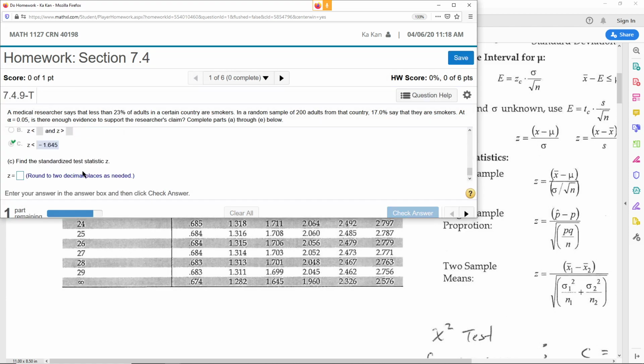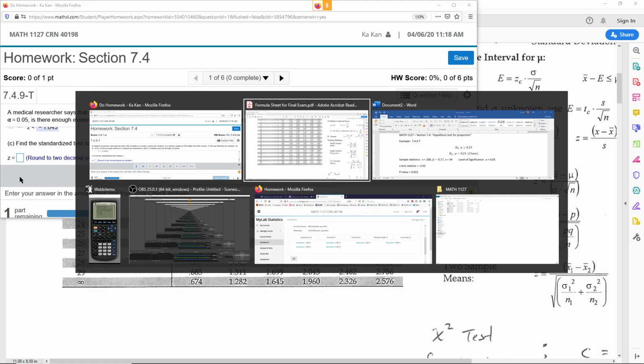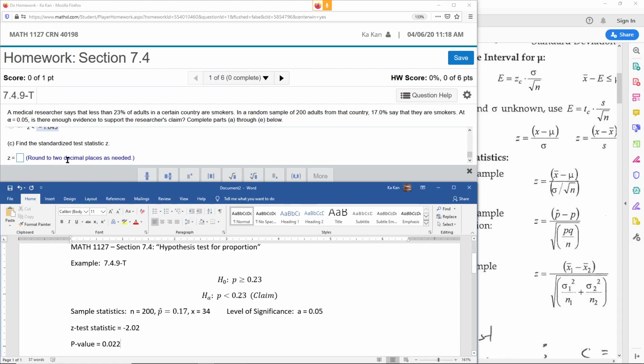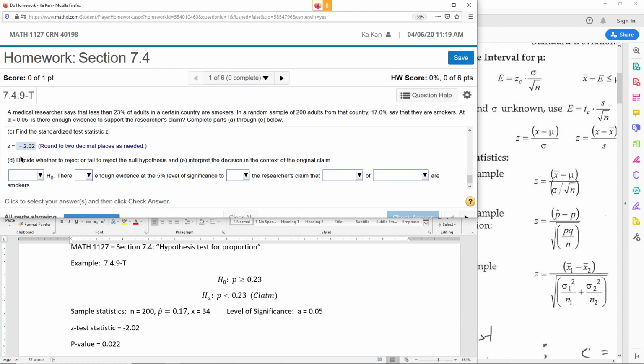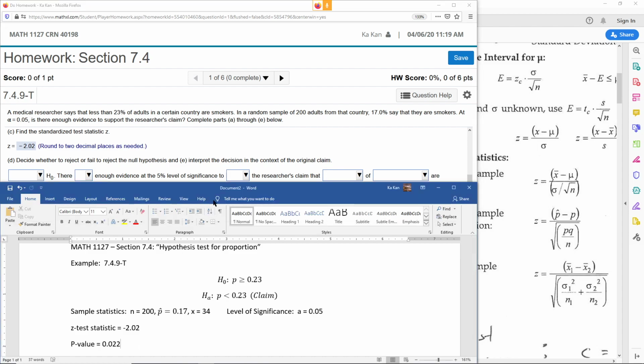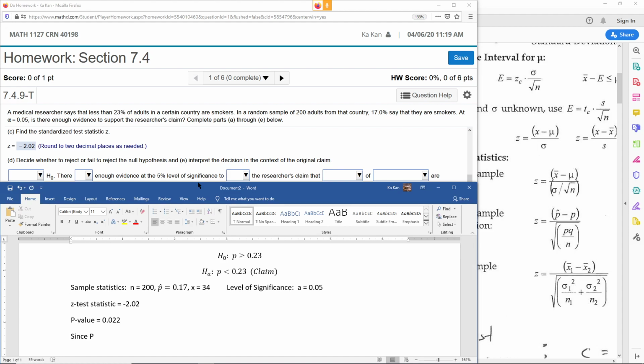There you go. And then what's the test statistic? We had, what was it? Negative 2.02. Negative 2.02. So look at this, right? Since the p-value is less than alpha, anytime it's less than, that means you would reject the null hypothesis.